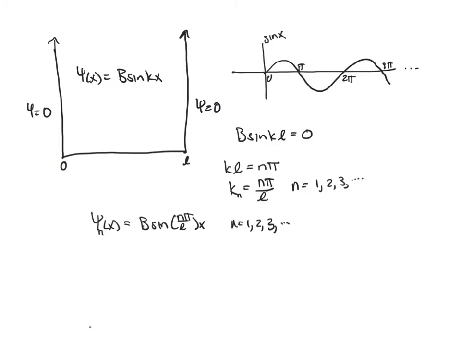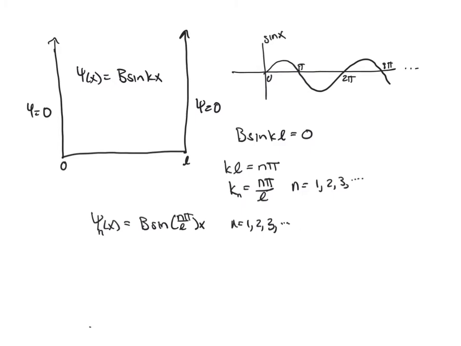So I have to have these half integral wavelengths of the particle, and k, remember, is related to the wavelength of that particle. And so only integer values of pi, or half integer values of wavelength, will fit inside the box.